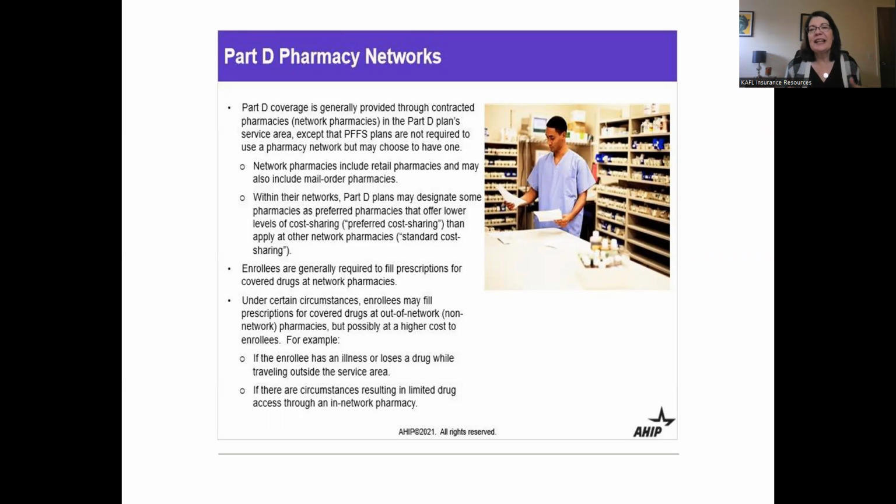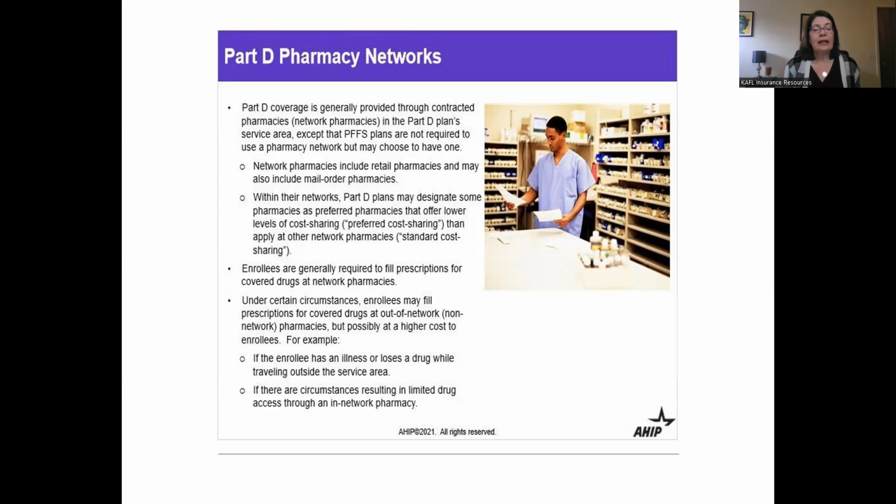That's an extreme example, but you really can find a cost savings by switching pharmacies, or in some situations going to mail order. There are mail order drugs that, if you get a 90-day supply and kind of do the math, it's going to be cheaper than getting the 30 days at a pharmacy. So all things to keep in mind.